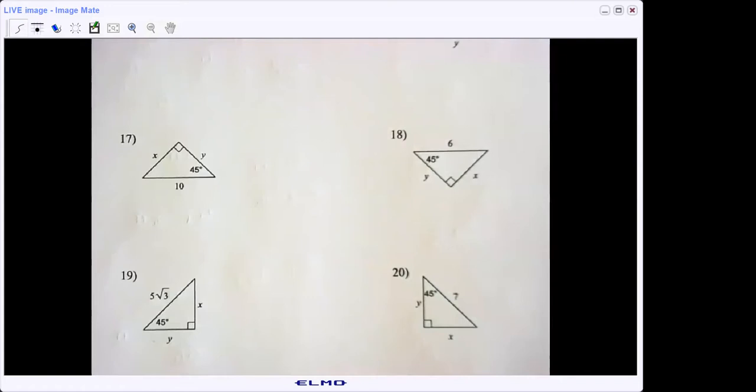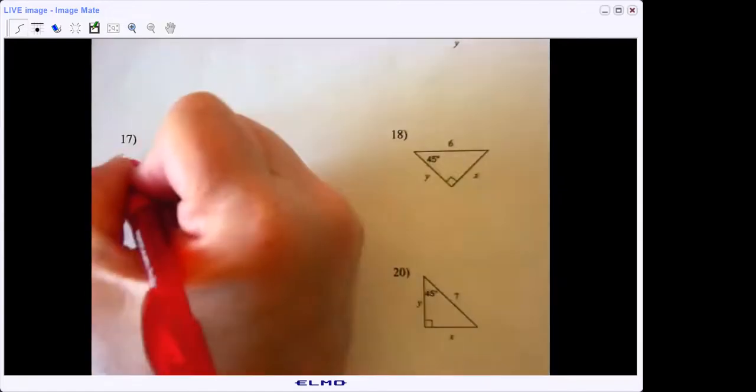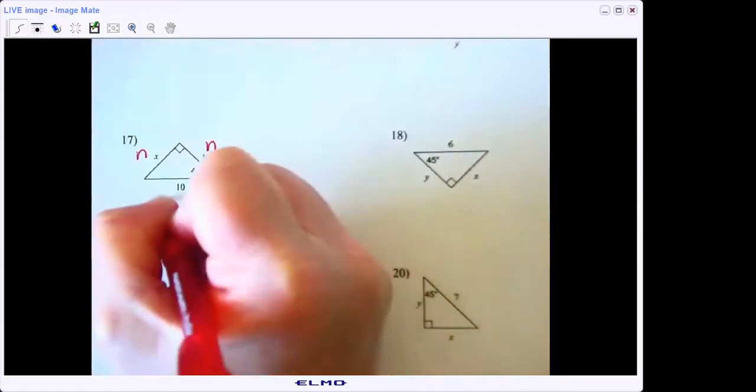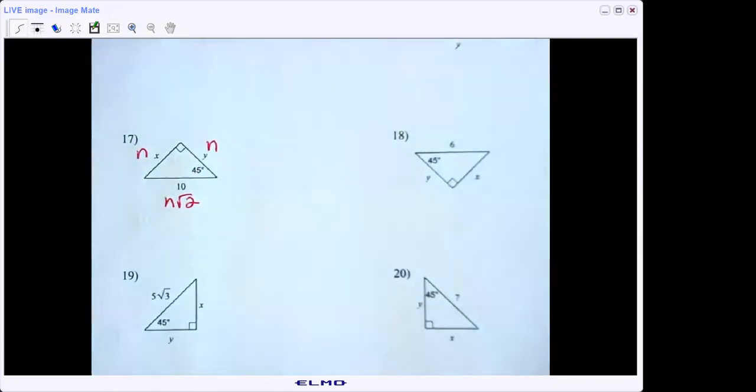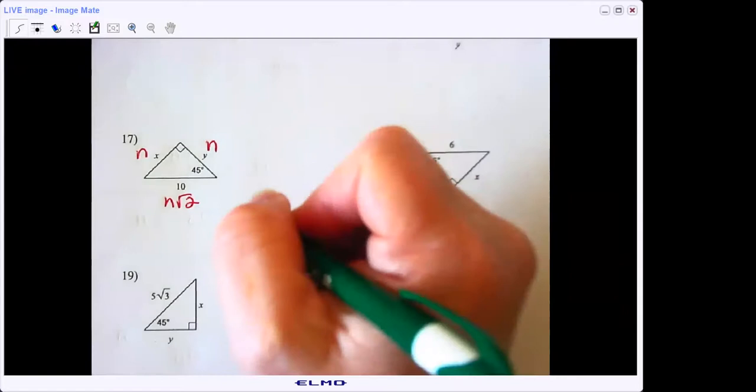What's our shortcut when our hypotenuse is not a root 2? What are we going to put next to it to find n? It will be 10. Root 2 over 2. Good.